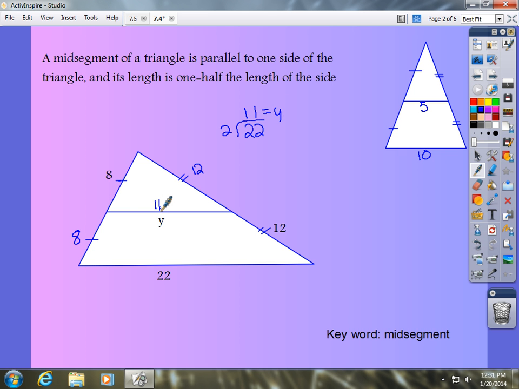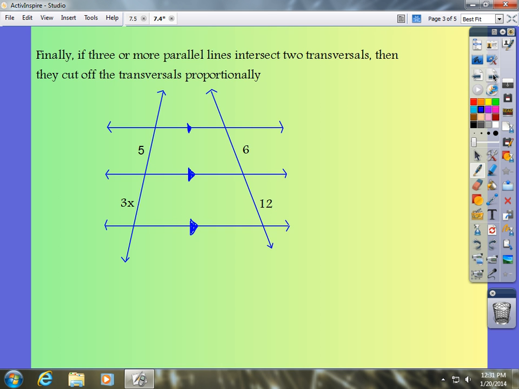Real easy. And finally, if 3 or more parallel lines intersect 2 transversals, then they cut off the transversals proportionally. That means we can set up a proportion. And what I'm going to do is set up this one over this one, 5 over 3x, is going to equal this side, 6 over 12.